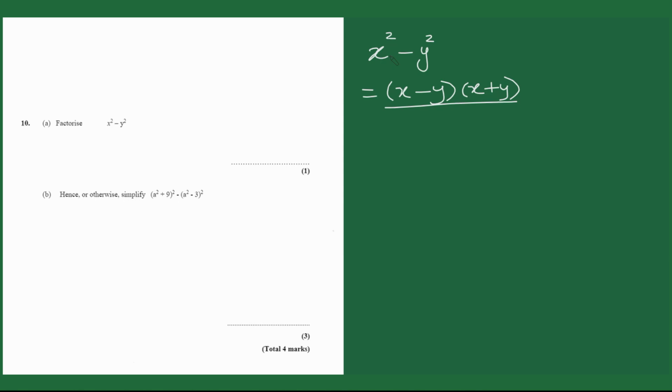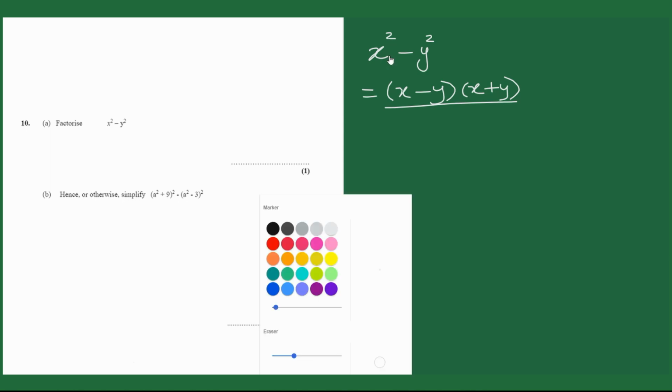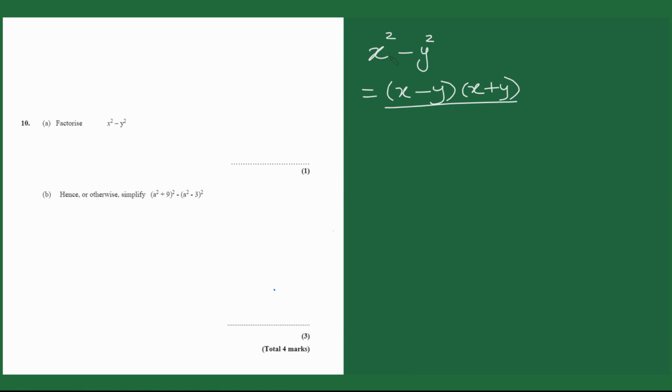There are two ways to do this one. Let's do the easy way. I'm going to consider a squared plus 9 as x, and a squared minus 3 as y. So my x is a squared plus 9 and my y is a squared minus 3.